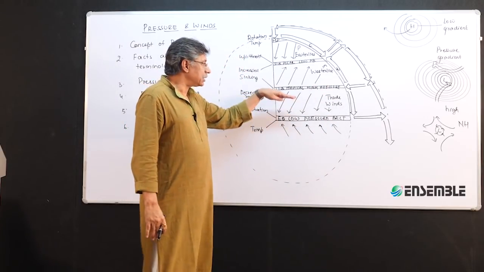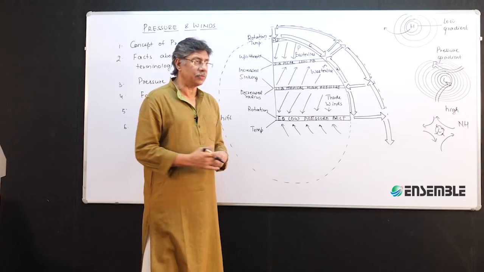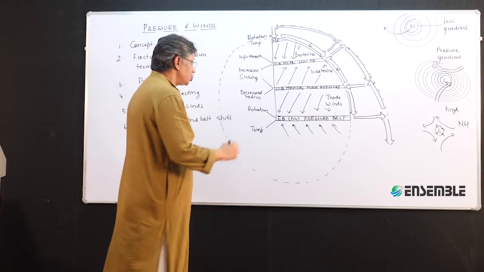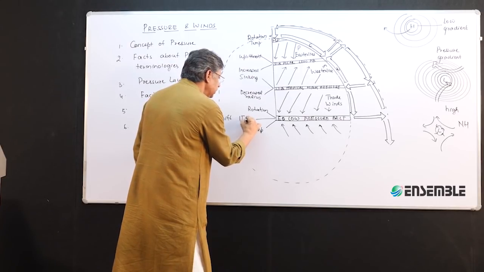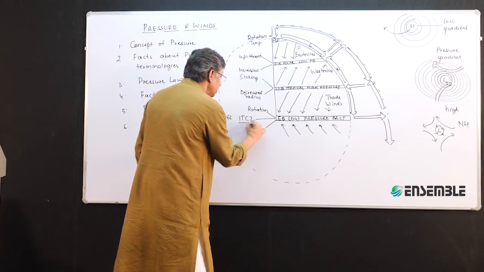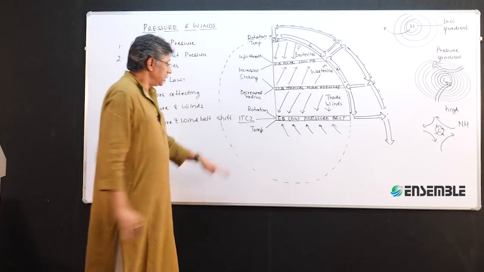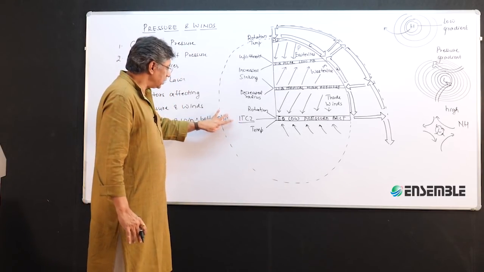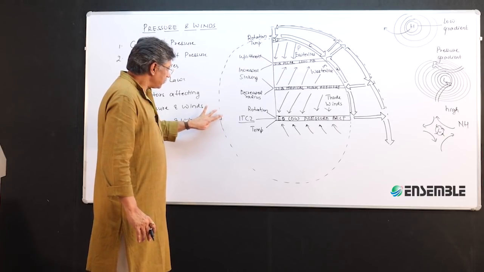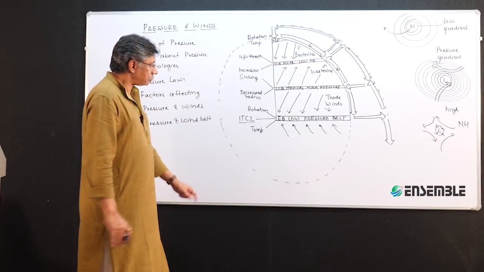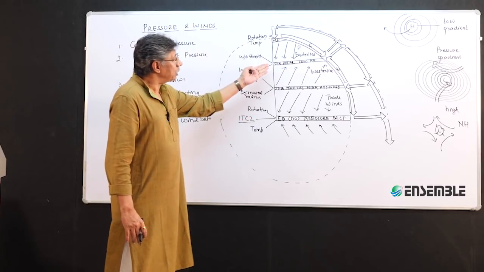This is an area that is also called, because of it, the intertropical convergence zone, ITCZ. That's the name given to it. And that is also going to be a convergence zone.